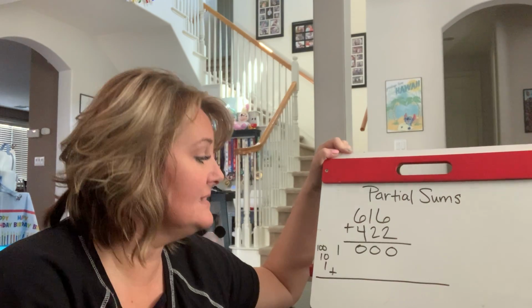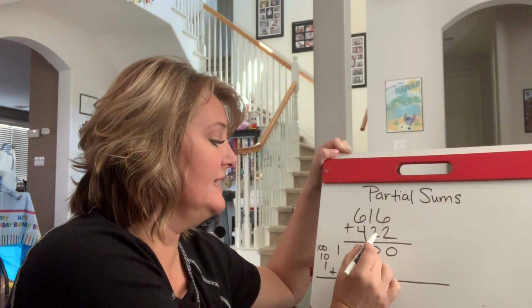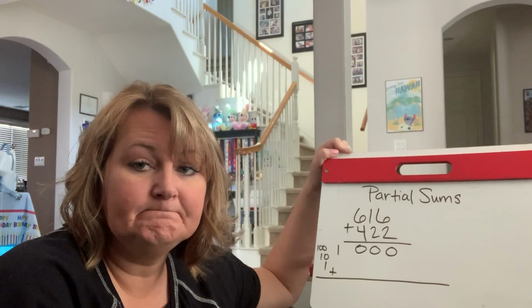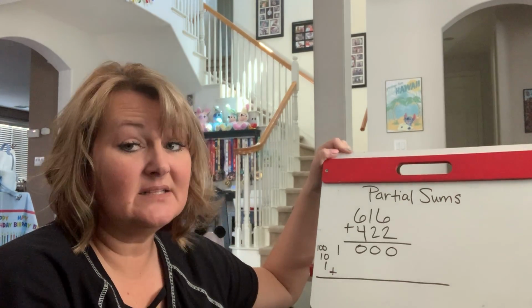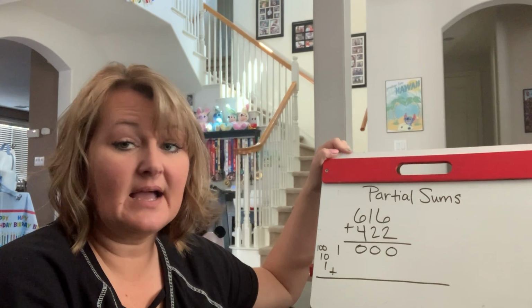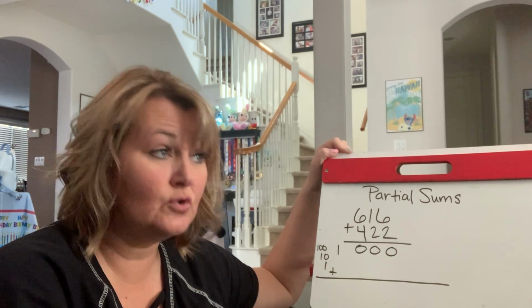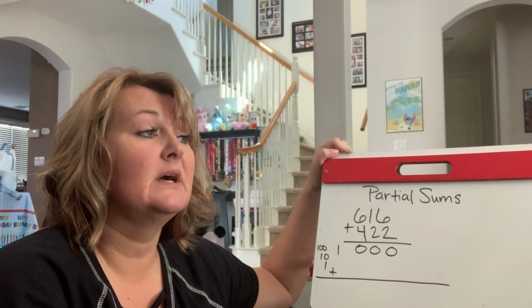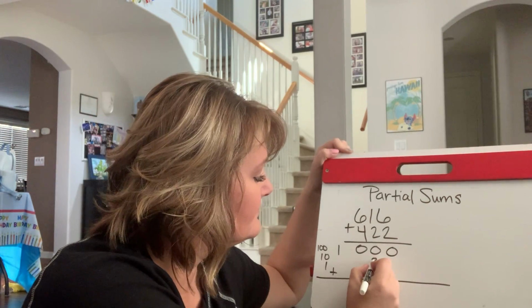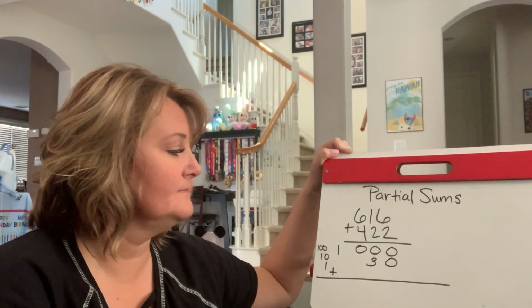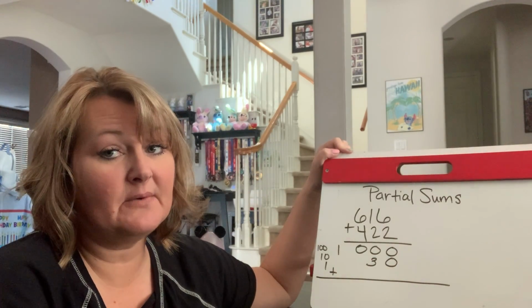Now I'm gonna go to my tens. I have 10 and I have 20, right? That's what those represent. So again, if I count by tens, and I start at 10 and I have to go 20 more, so that's 2 more times, I can say 10, 20, 30, and put my 30 in there. And last but not least, my ones.